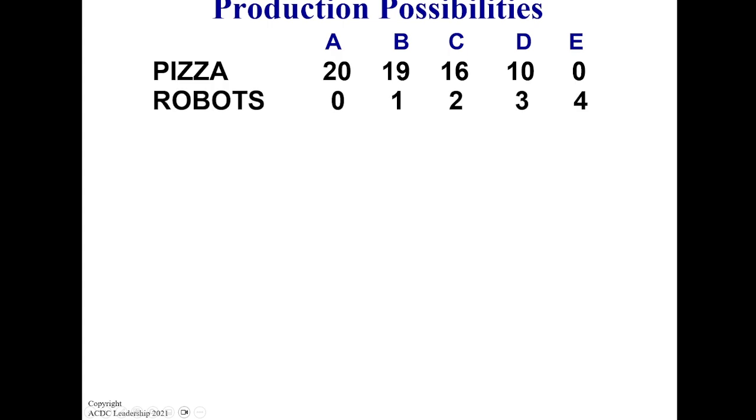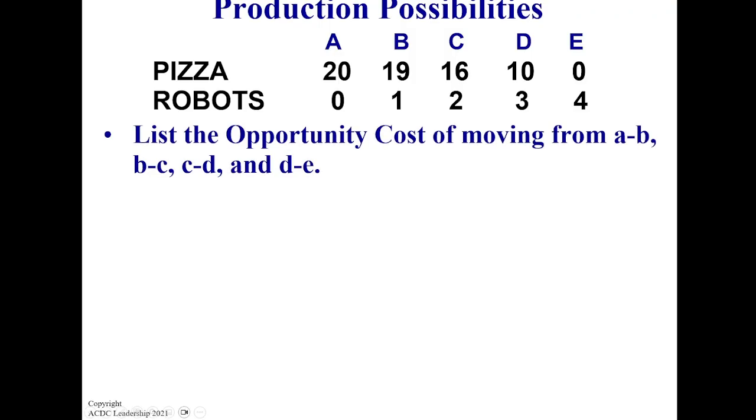But let's say we're looking at something like this. This is when we get into the concept of consumer goods versus capital goods. So pizza is a consumer good and robots are a capital good.